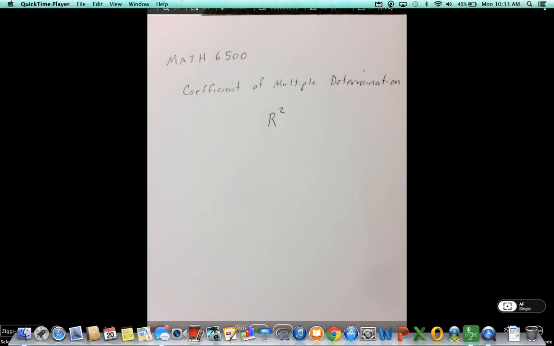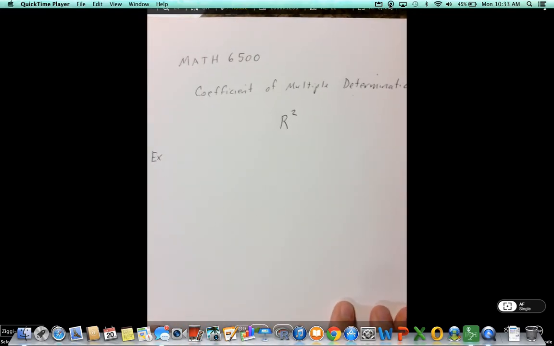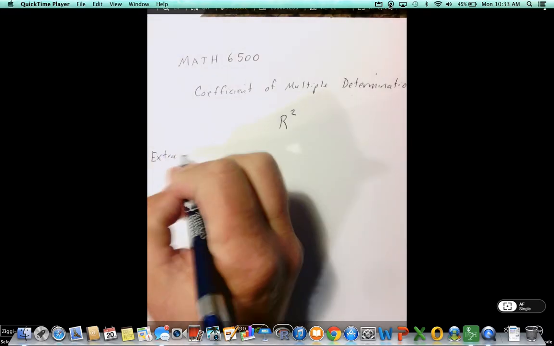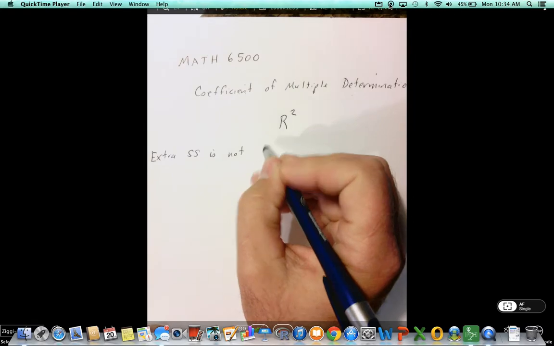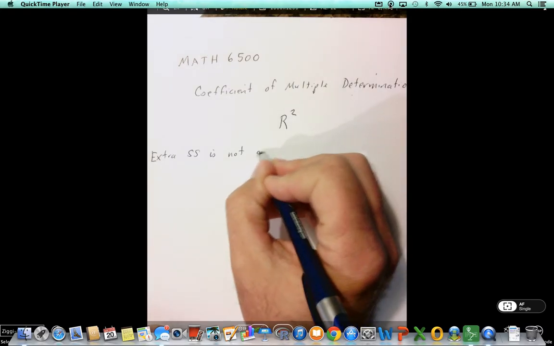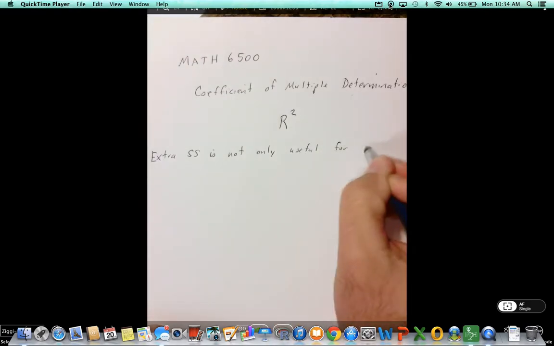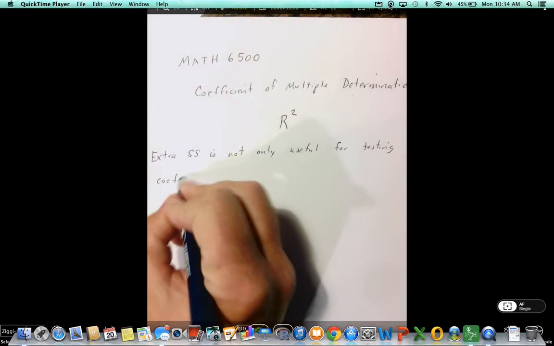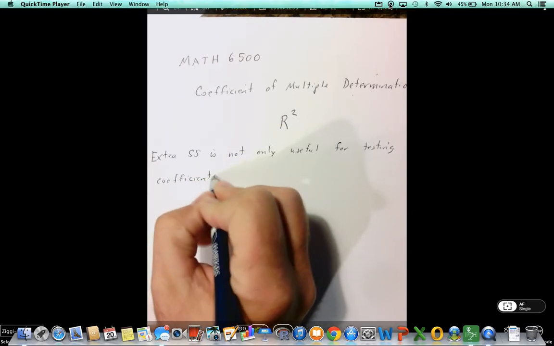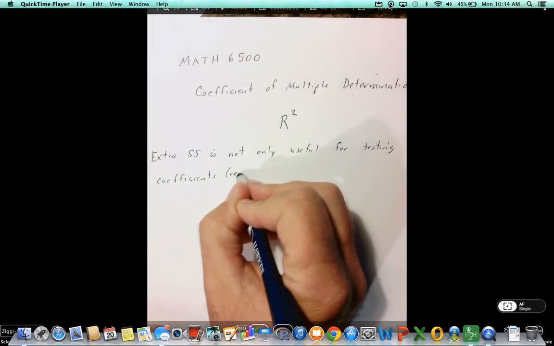As it turns out, the extra sum of squares that we've examined over the last couple of weeks is not only useful for testing coefficients, and obviously I'm talking about regression coefficients here.